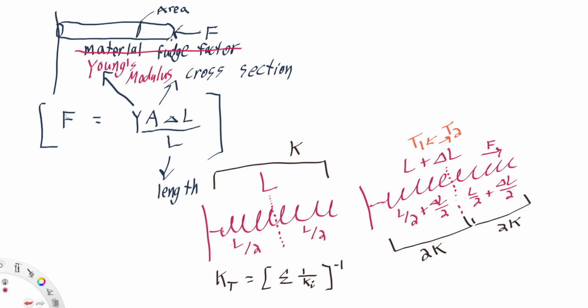This isn't the form that we usually talk about stress and strain in, though. Instead, what we usually do is we divide the area over to the left-hand side. So we have force over area, right, which is pressure.